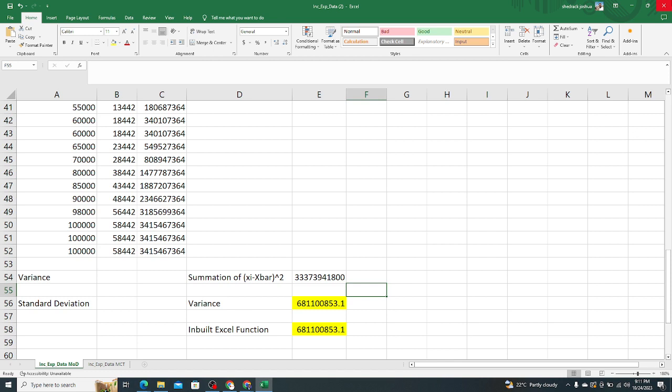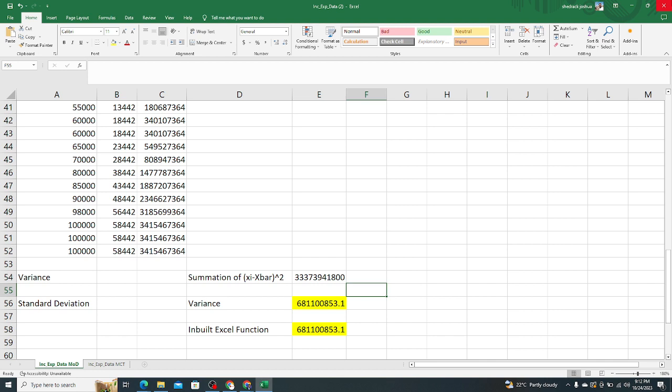Because the distance between the mean value and the people who are earning the highest is very large. That's why we are saying that the higher the variance, the more spread out our data points are.